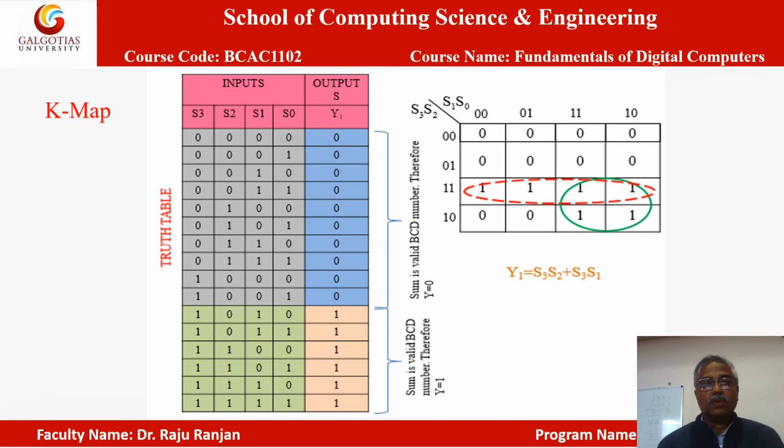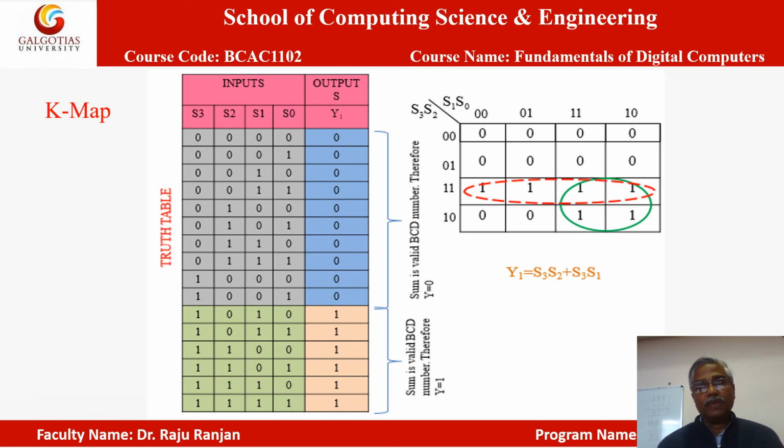Okay. So this is the truth table for correction, and we will map this truth table into K map here. So look here, the 4 inputs S3, S2, S1, S0. S3 and S2 are taken on the left side, and S1 and S0 are taken on the top side.